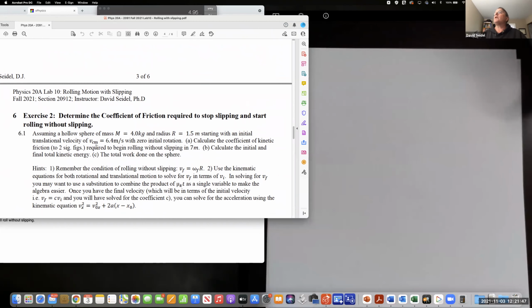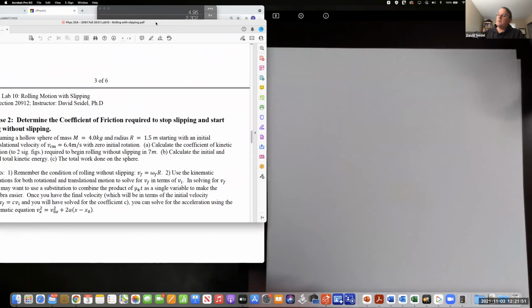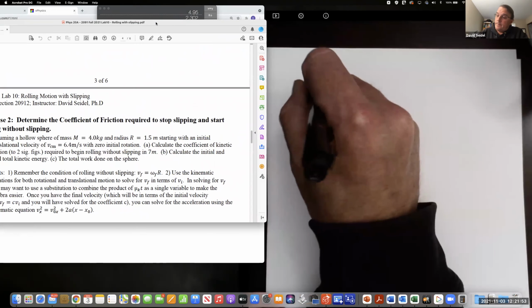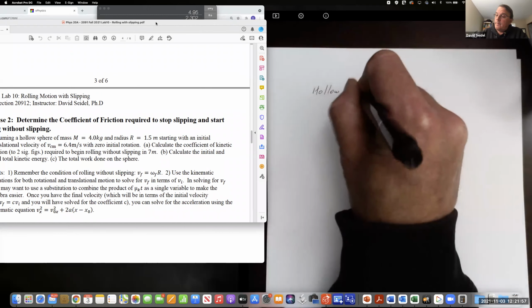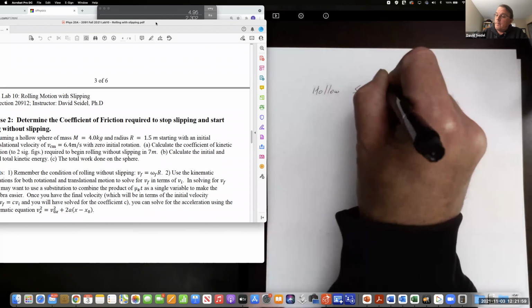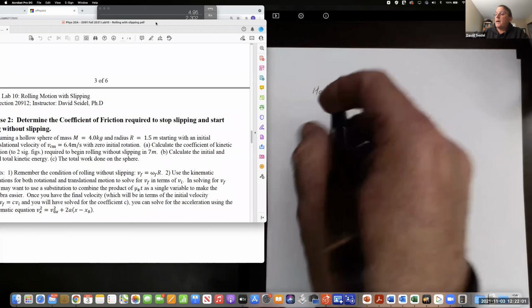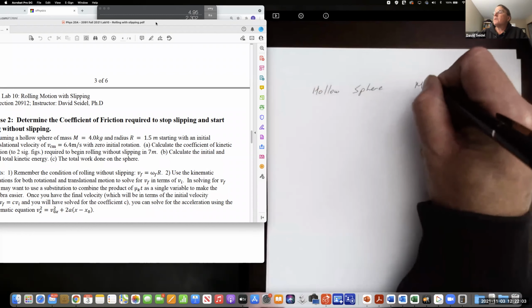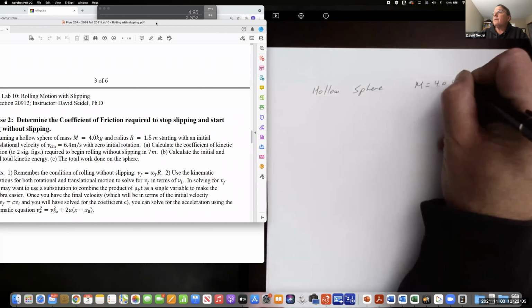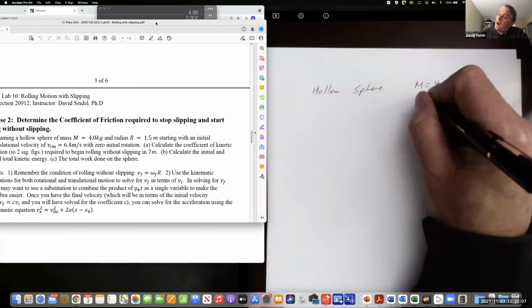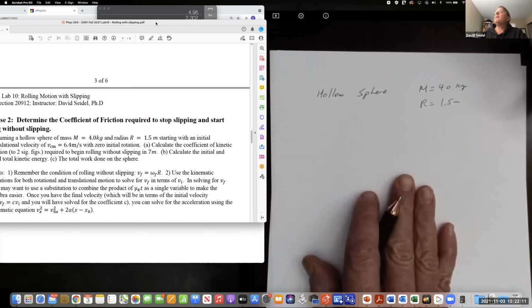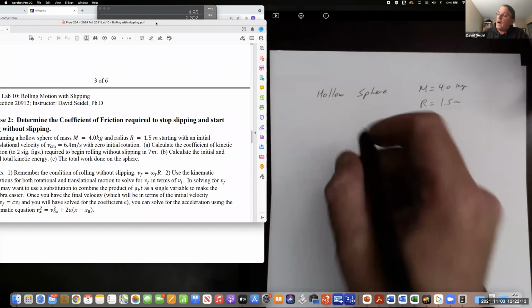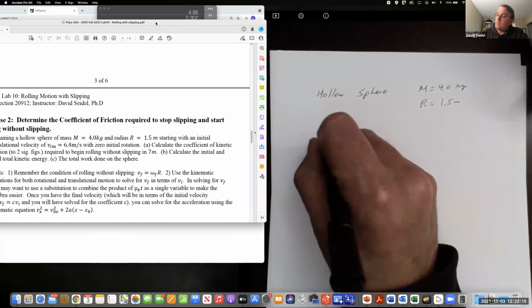So first assumption is hollow sphere. M is equal to 4.0 kilograms and R equals 1.5 meters. Now, what's I equal to?